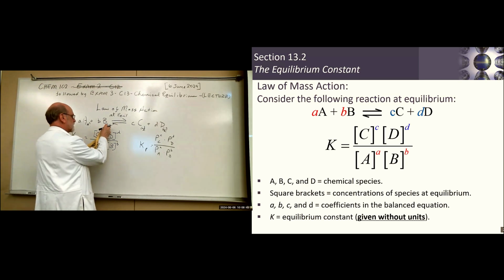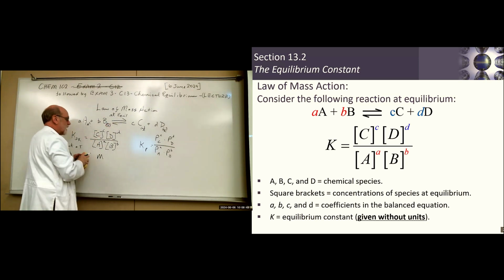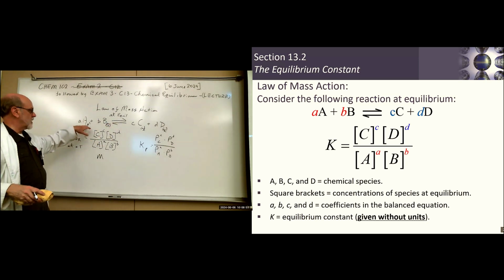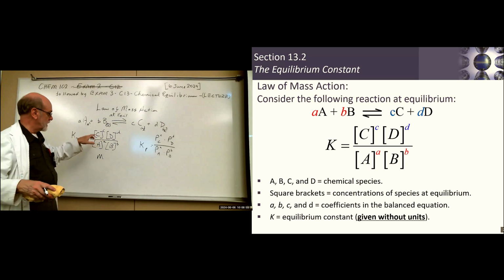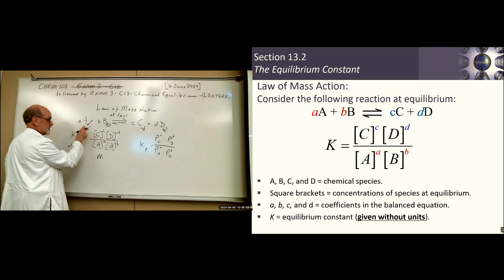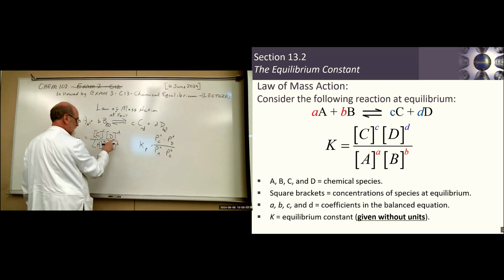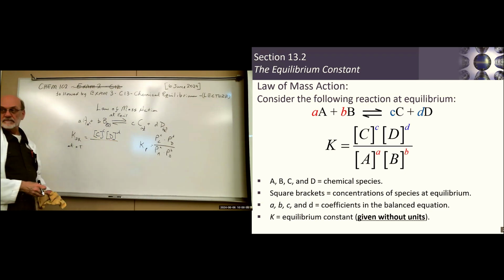The other possibility is a pure liquid. Right? So if you have phases that are solid or liquid, then they are not part of the expression. If this is the case, say if this is a solid, liquid, and those are aqueous, then these two terms are gone.